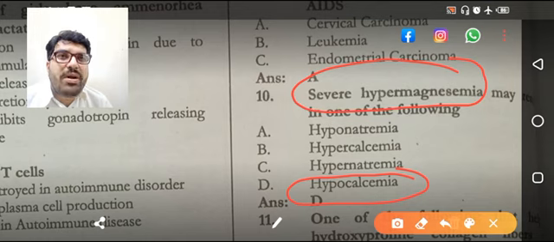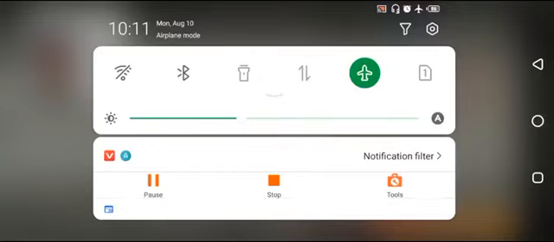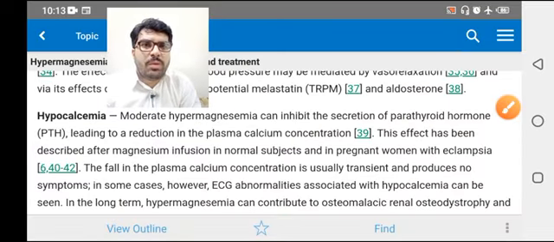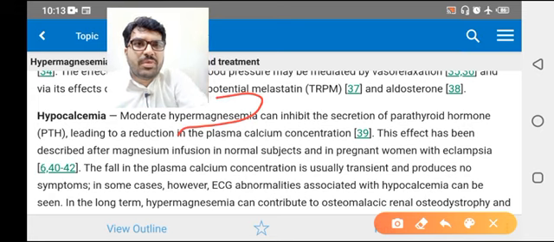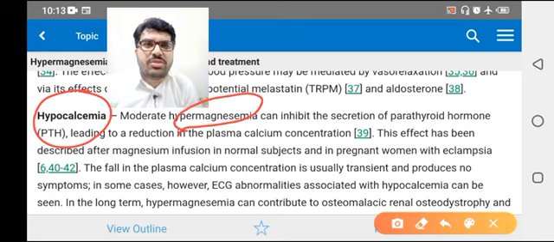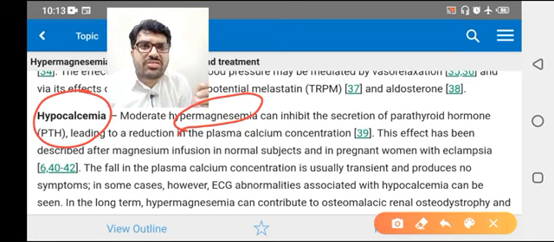So severe hypermagnesemia can cause what? Hypocalcemia. So this is UpToDate, and hypermagnesemia is associated with hypocalcemia. Nowhere is it mentioned that it causes hypercalcemia.